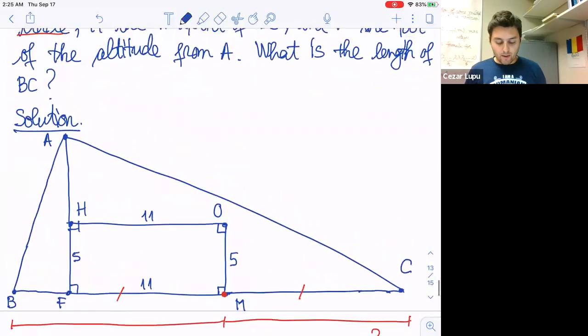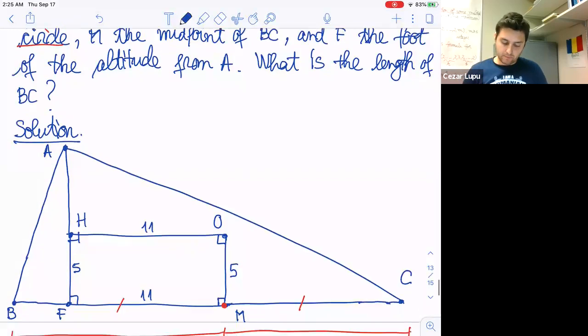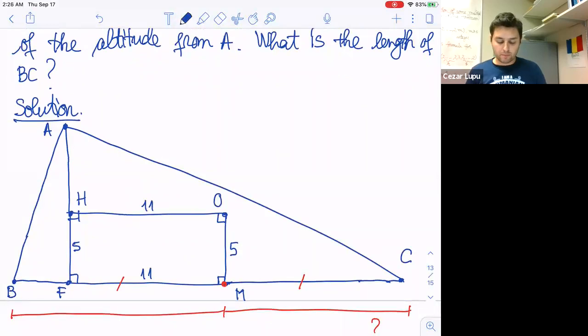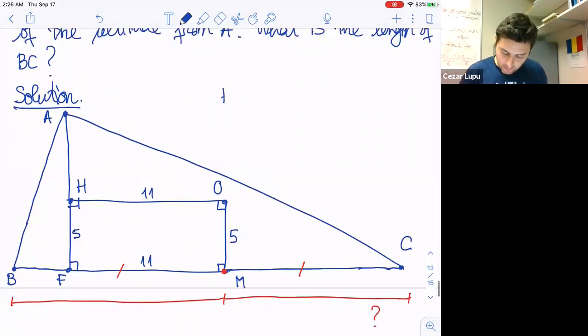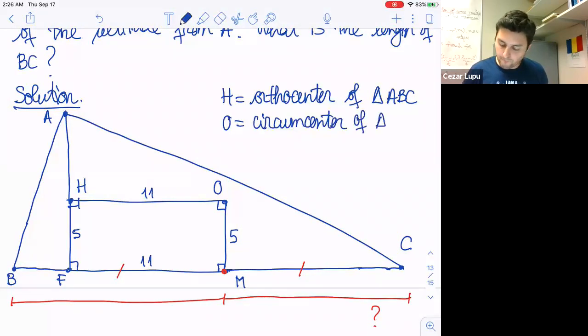Now let's look at the picture very, very carefully. So H is the orthocenter of the triangle ABC, and O is the circumcenter of the triangle ABC.